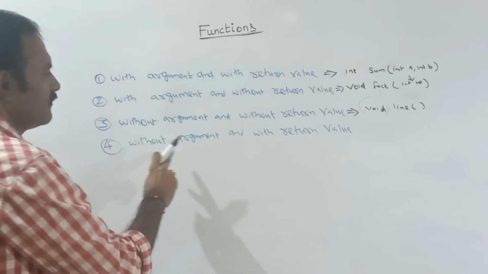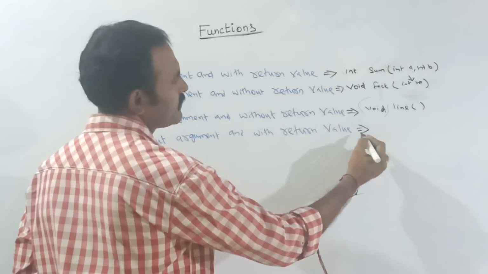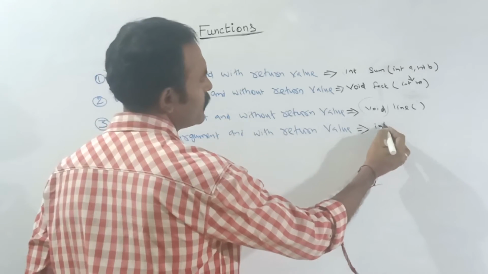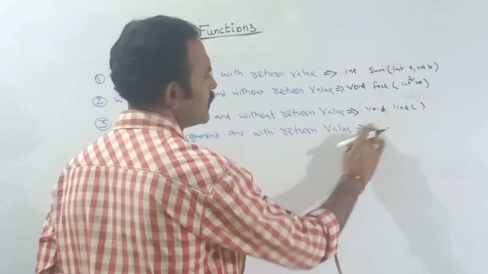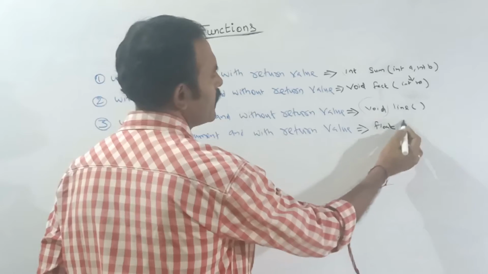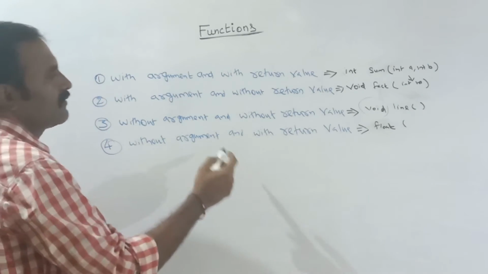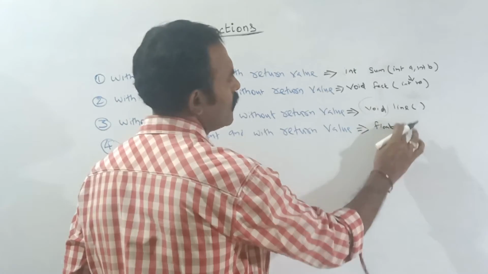Next one, without argument and with return value. This function will have some return value. For example, let us take float. With return value and without argument, there is no argument list.